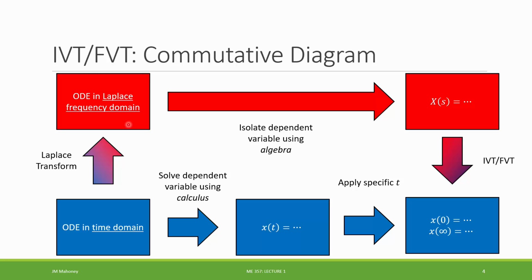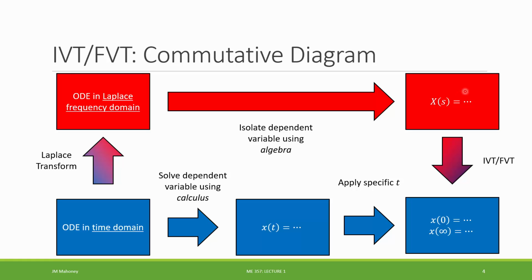Like before, it turns into an algebra problem, and the next step is the same as before: take that transformed ODE and isolate the X of s term. Here again, I'm using x as a generic dependent variable; lowercase x is a function of time, uppercase X is a function of frequency, but we can do our algebra and isolate X of s.